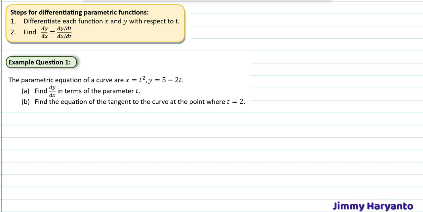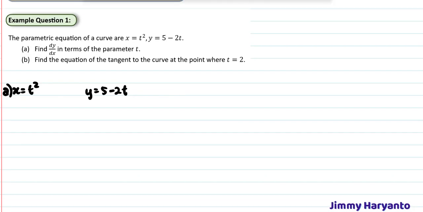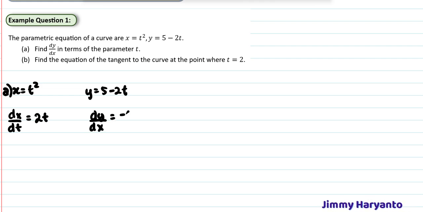So for the first one, you have x equals t squared. Let's do part a first. x equals t squared, and y equals 5 minus 2t. First, let's differentiate x in terms of t. That means you will have dx/dt equals 2t, and then differentiating y in terms of t, dy/dt equals negative 2.